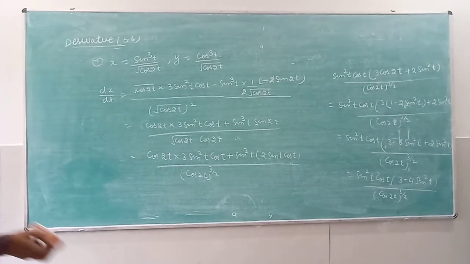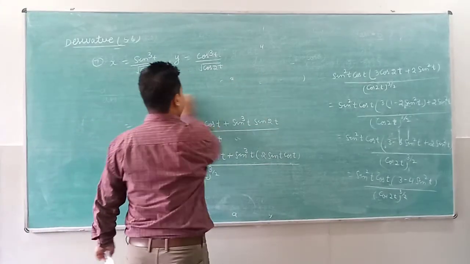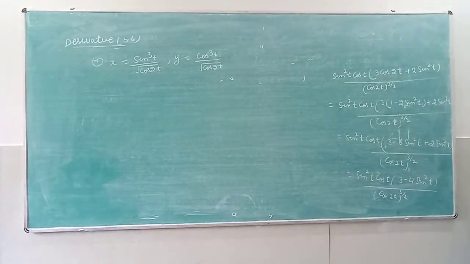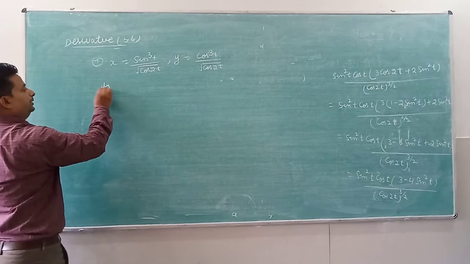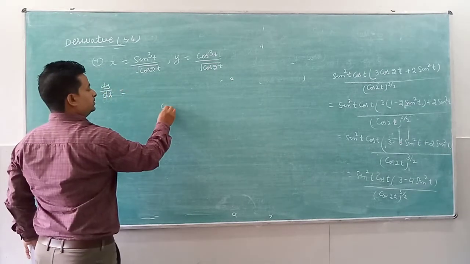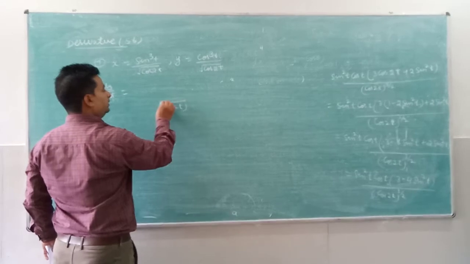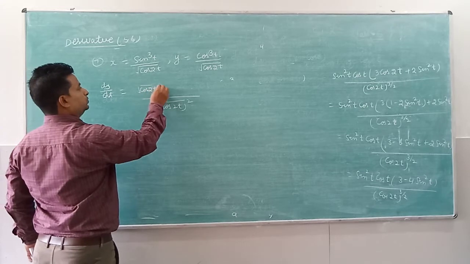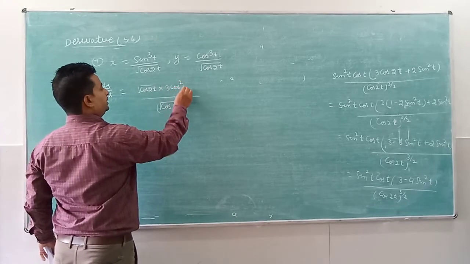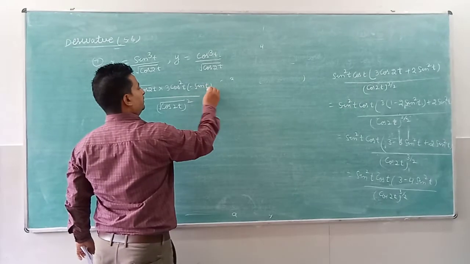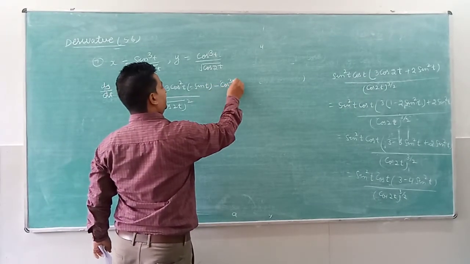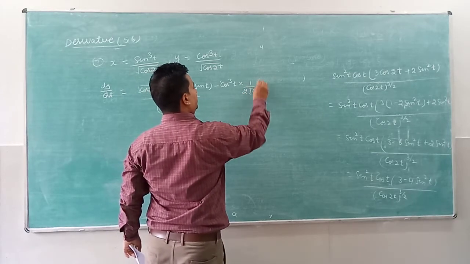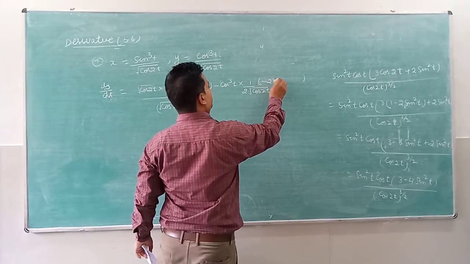And for y, we again use the quotient rule. Let's find dy upon dt. dy upon dt is cos 2t, v squared, here the differentiation of u, which is 3 cos²t into minus sin t, minus cos³t, the differentiation of v is sin 2t.